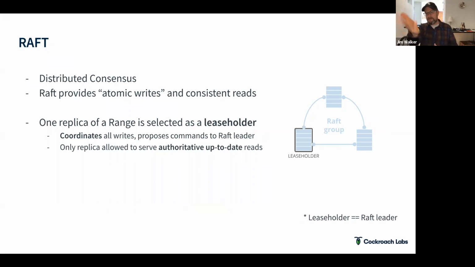This blue range over here on the right is a Raft group. And one of those replicas is the leaseholder. The leaseholder is special because it coordinates and makes sure that all the data is correct across the 3 replicas. We use it as an authoritative source, and it helps control how we implement consistent transactions in the database itself.